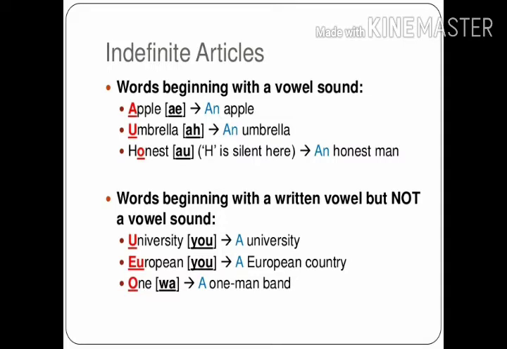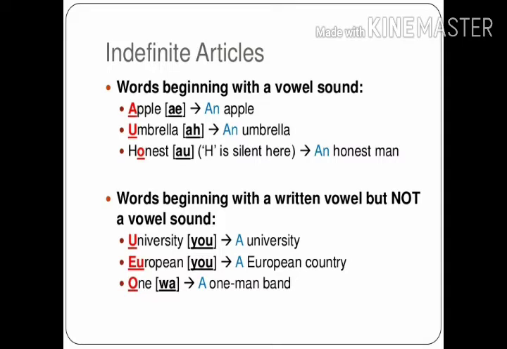Honest. Here H is silent. So here O is a vowel letter and it is a vowel sound also. So we put an there. So it will be an honest man.